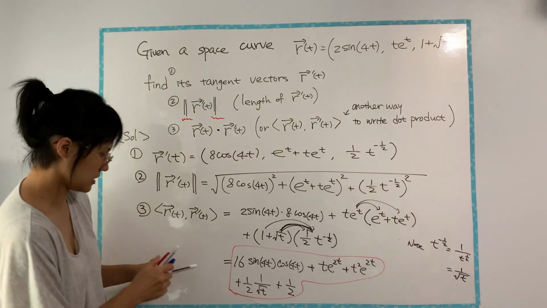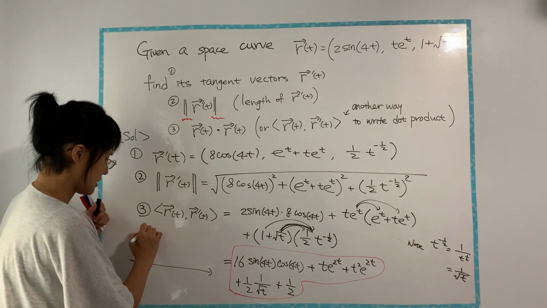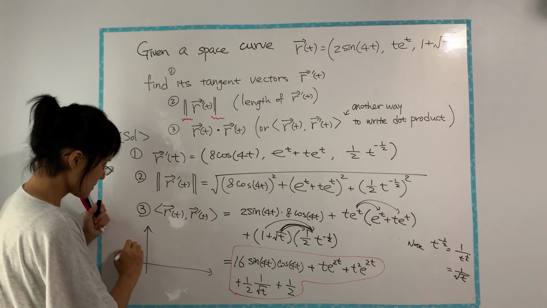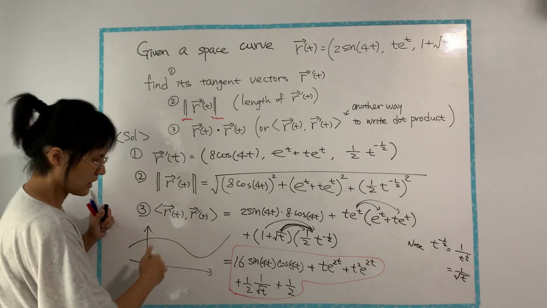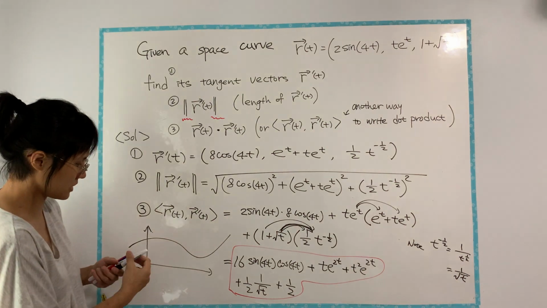So what does this mean? Suppose r of t looks like this. I have no idea what r of t looks like, but suppose this is r of t.